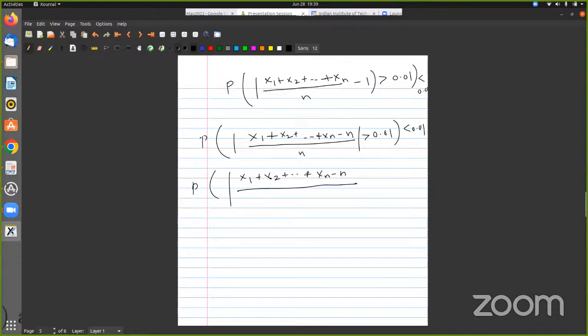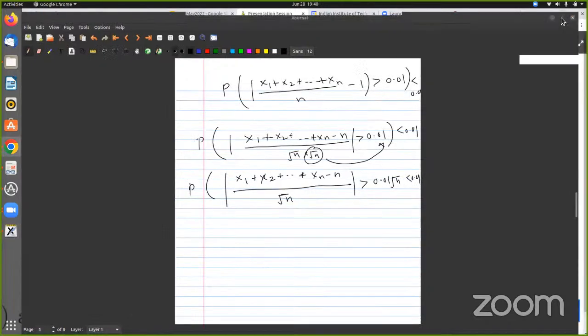Can I write this n into two parts, like root n into root n? Yes. So one root n I'm sending here, and I'm keeping one root n here. So this will become 0.01 times root n, and it's less than 0.01. This is the third step.